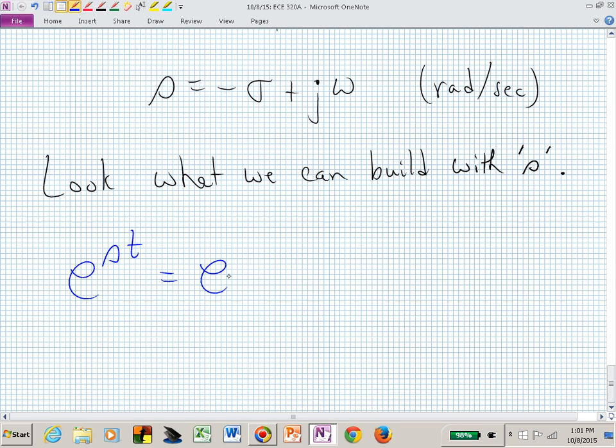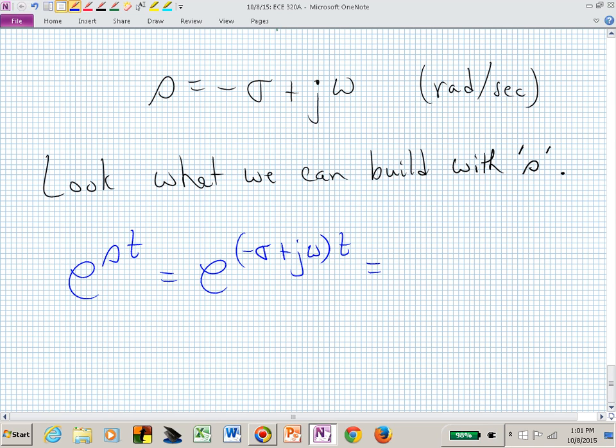In the time domain, if we now replace S with this complex frequency number that we've parameterized as minus sigma plus j omega times t, now is why you learned your math material in high school or somewhere. How can we treat exponents?